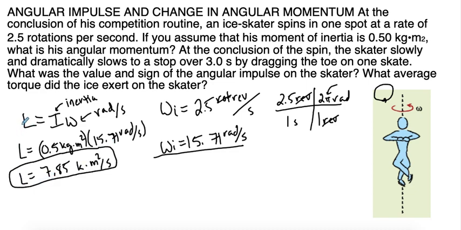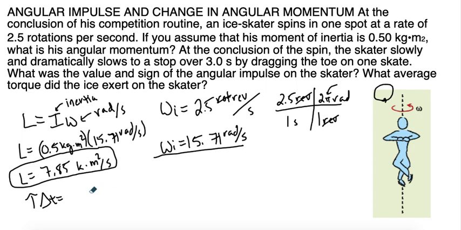Next, the skater puts their toe on the ground and slows to a stop. So we're looking for that impulse. Remember, impulse is torque times change in time equals my moment of inertia times change in angular velocity.